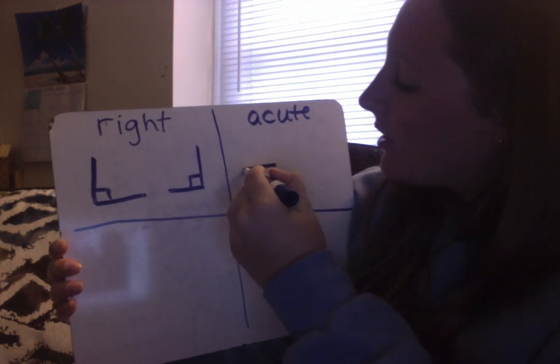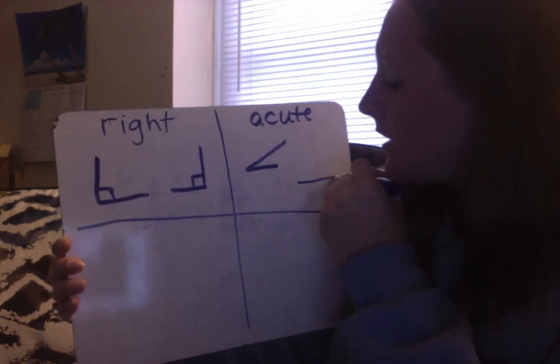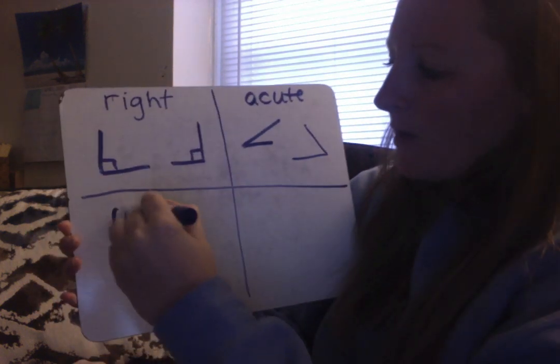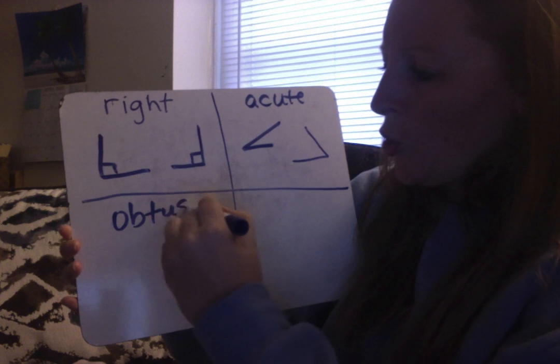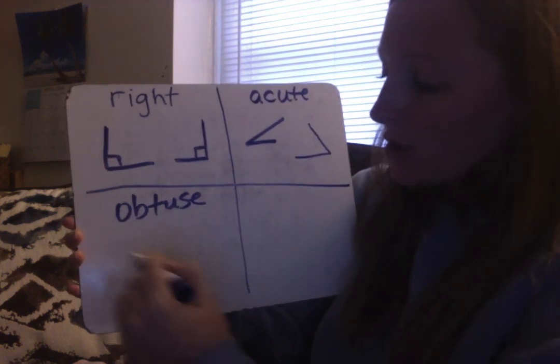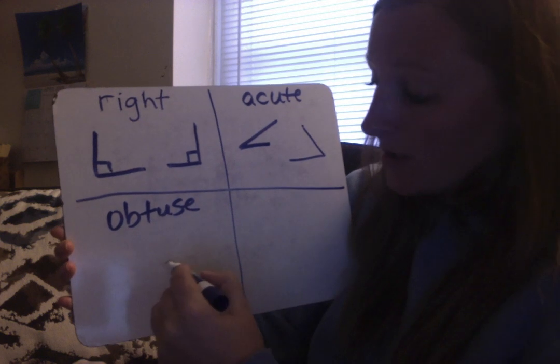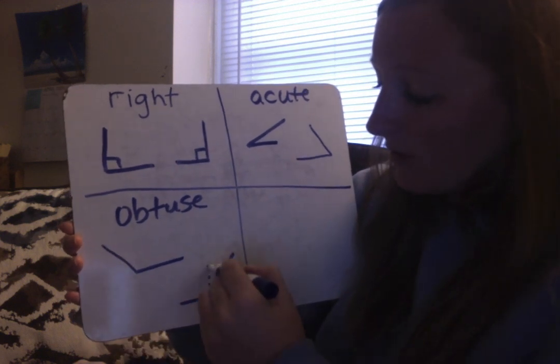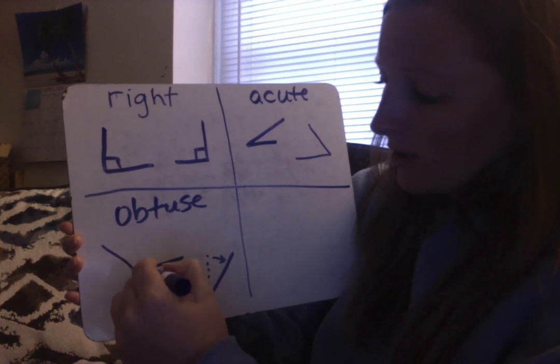And that angle a lot of times looks like this or like this. It doesn't matter which way you do it. Then we have the obtuse angle. That's bigger than 90 degrees. So, have it like that or like this. Remember that 90 degrees. It's got to be a little bit bigger.